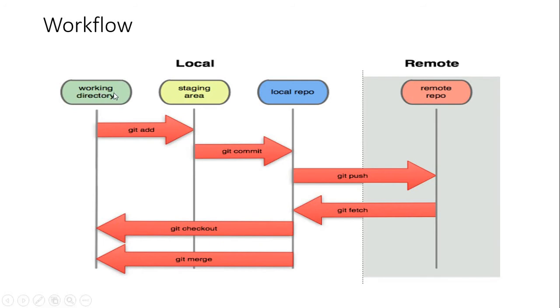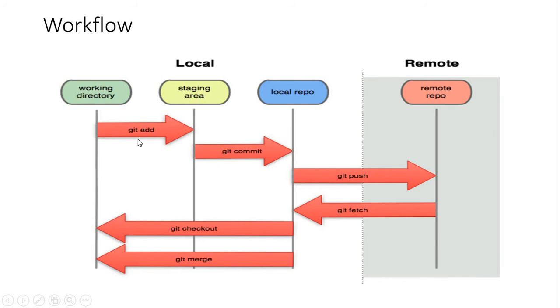Then you say you need to save around 8 files, right? First, you need to mark those 8 files for saving. Otherwise, everything will be saved to the local repository, which you don't want, right? So you should mark 8 files for saving into the local repository. In that case, you just mark these 8 files out of the 10 files. So those 8 files are added to the staging area.